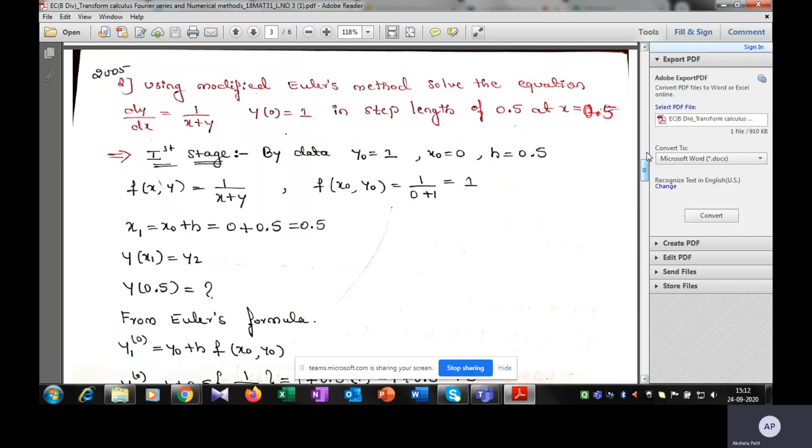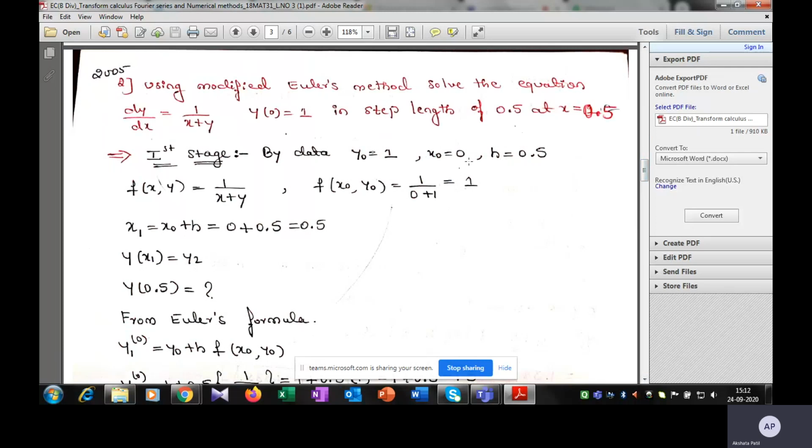It means x naught value is 0, y naught is 1 here. Okay, and the step size h they have given 0.5, and they're asking to calculate the y value at x equal to 0.5 only.